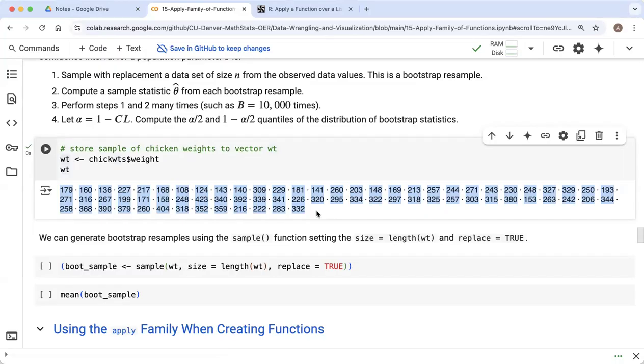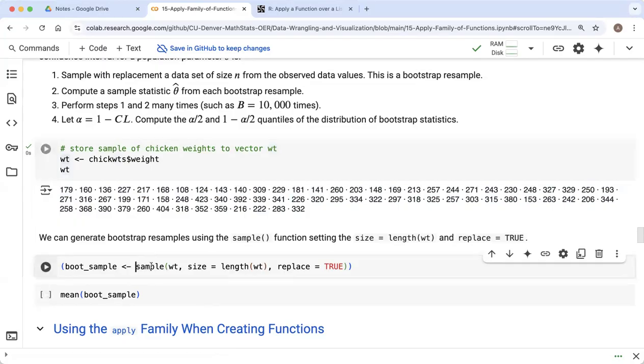So how bootstrapping would work is I would take this sample and pick with replacement a sample that has the same size. We can use the sample function to sample values from the vector of weights. That would be all of these values. And we're going to generate a sample that has the same number of values as the original sample. The size of the original sample we can calculate with the length function. And whenever we're bootstrapping, we are picking with replacement.